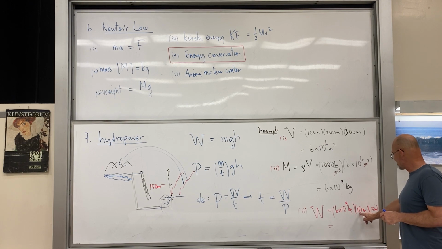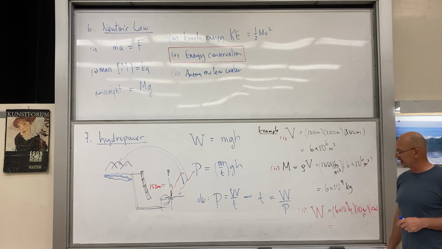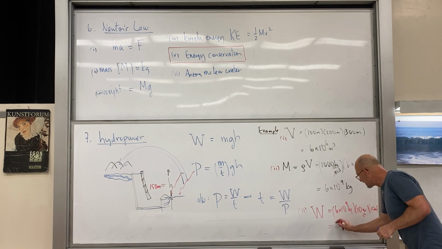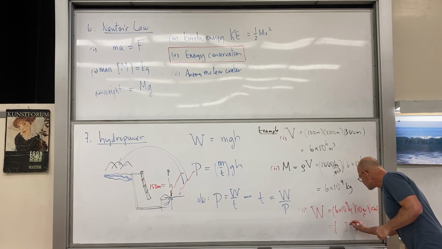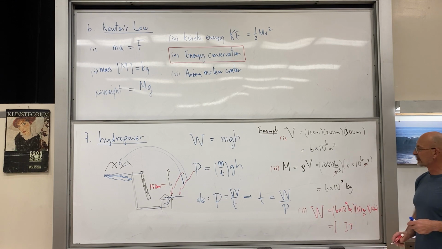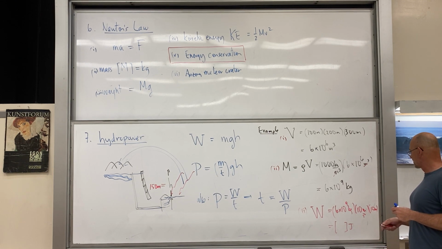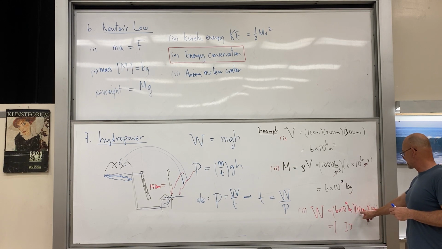So that's 6 times 10 to the 10 times 15. That would be 9 times 10 to the 11. Okay. And what would the units be? Joules. Okay, I'm thinking I got that right. 6 times 10 to the 10, and then 6 times 1.5 is 9, and then 10 to the 11.